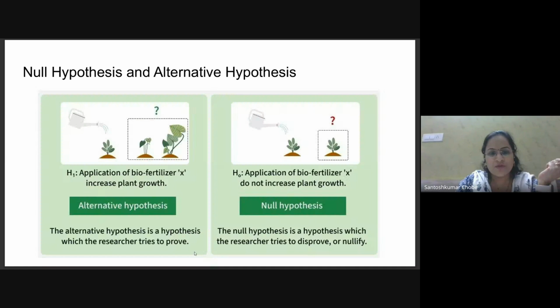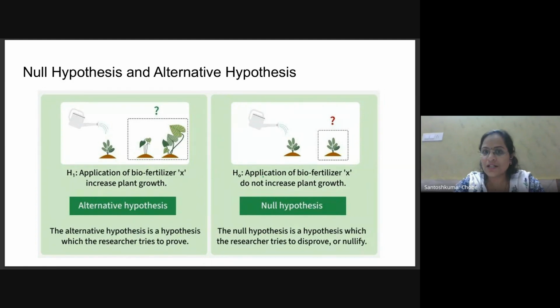Here, my null hypothesis H0 is: the application of biofertilizer X does not increase plant growth. What does it mean? I am performing some experimentation and there is no change because of it. Nothing gets changed because of the experimentation, the proposed model, or some act. That is my null hypothesis.